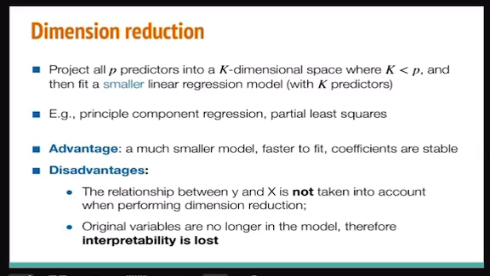Then the original variables will no longer be in the model. Therefore the interpretability is lost. And that is what we did yesterday on the polynomial regression. In a polynomial regression, because S squared depends on S, there's a problem of multicollinearity. How do I know? The VIF of each of them is greater than 5.